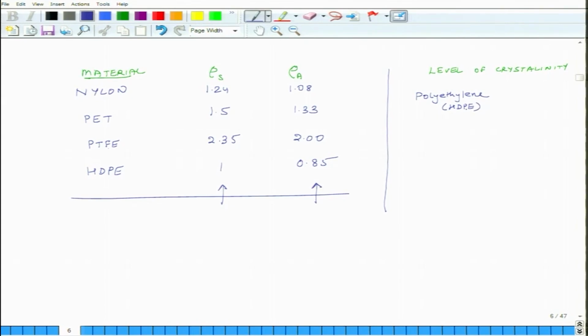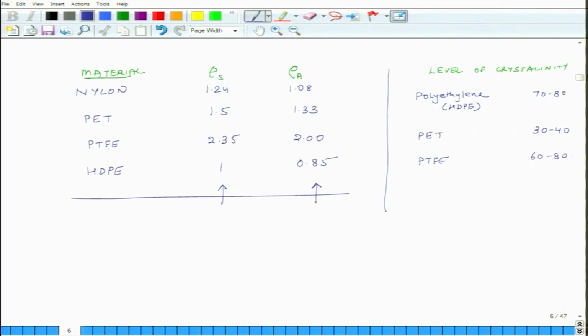Okay. In high density polyethylene you can have something like 70 to 80% crystallinity. Then let us look at PET. What is PET? Polyethylene terephthalate. This is 30 to 40. PTFE. This could be anywhere between 60 to 80.